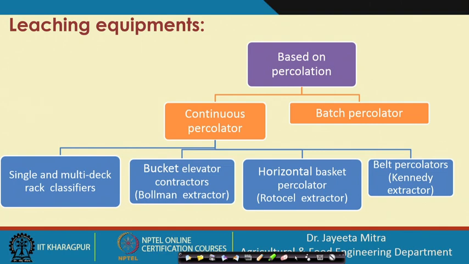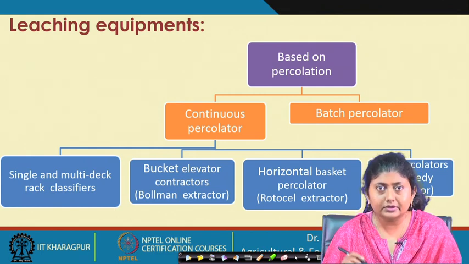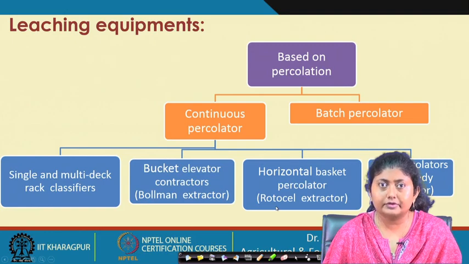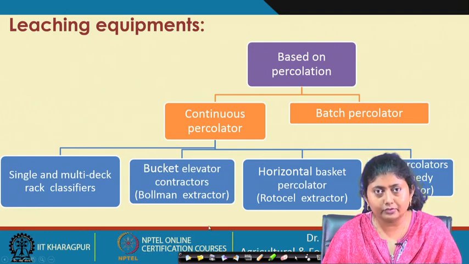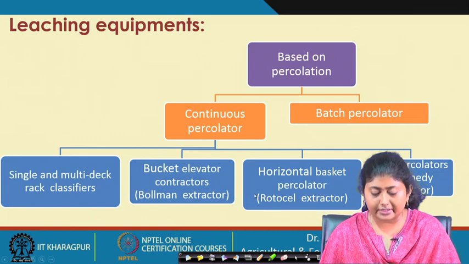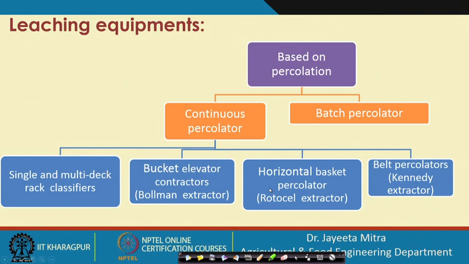In percolation, what we do is the solvent is percolated through the solid material and eventually comes to the next section, and if there is a larger number of stages, it goes through all the stages, and finally we get the extracted product. Whereas in dispersion, the solid particles and the solvent are in a properly dispersed form.